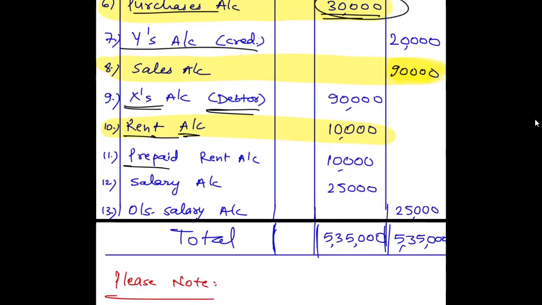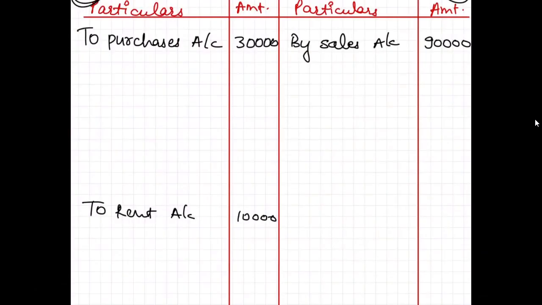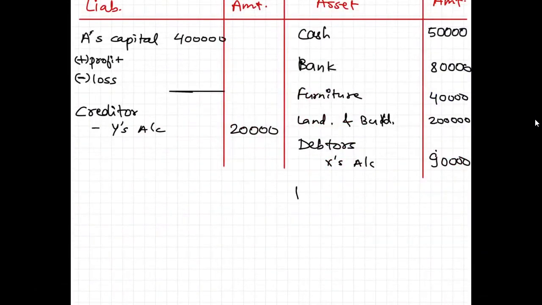Then we have the prepaid rent account. Prepaid rent is an asset. It will go to my balance sheet. So we have prepaid rent of 10,000.